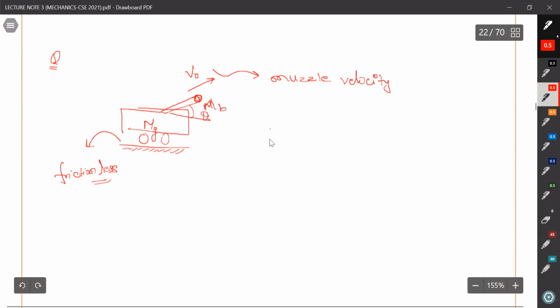And we need to find the recoil velocity.